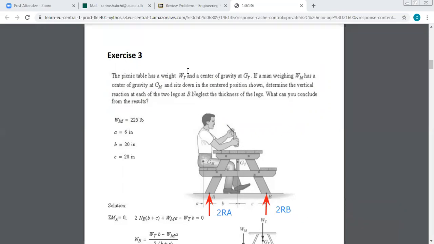Now, we also have the weight of the man passing through his center of gravity, and we have the weight of the table. So this is W man, and this is W table. Now they want us to find the reaction in legs B. To find the reaction in legs B, what is the easiest equation to use? Who will tell me?